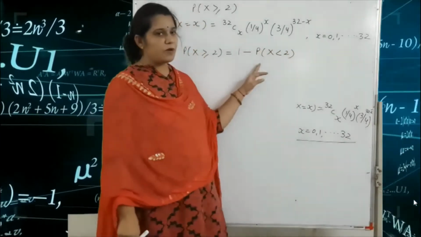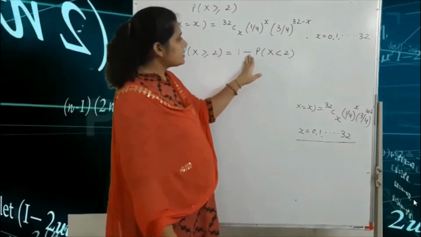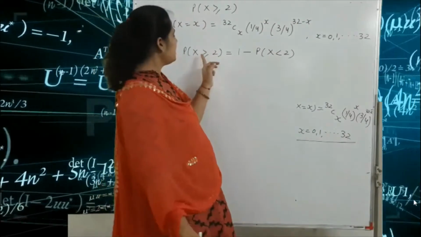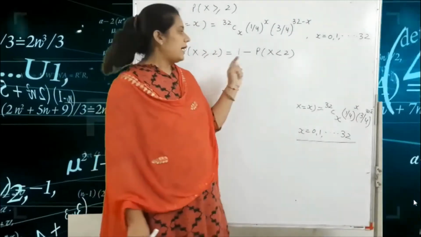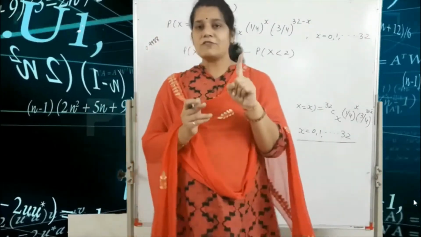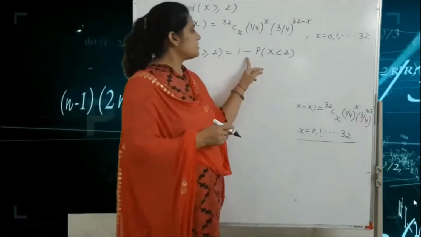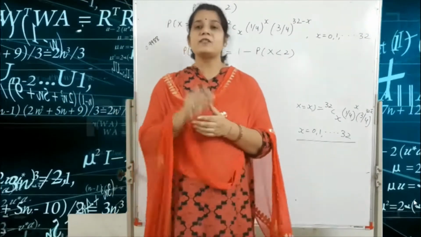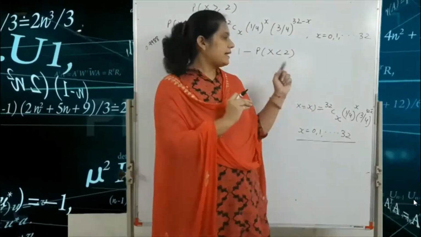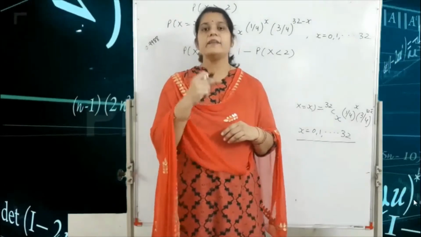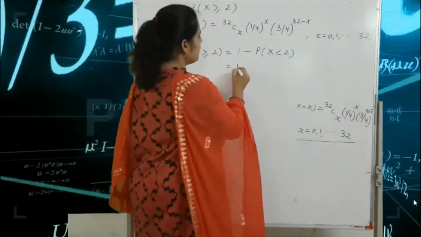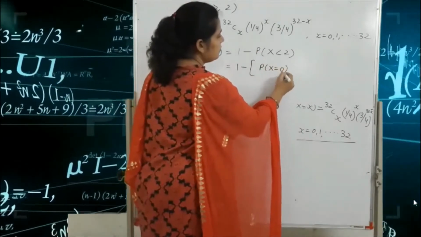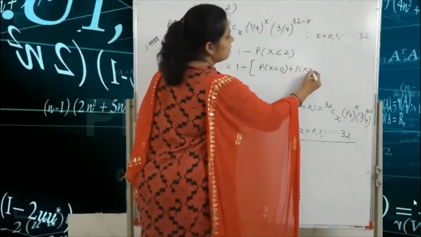We write this formula because 1 minus P(X < 2) is equal to P(X ≥ 2), since the total probability is always 1. Which numbers are included in x less than 2? 0 and 1. So we write 1 minus [P(X = 0) plus P(X = 1)].